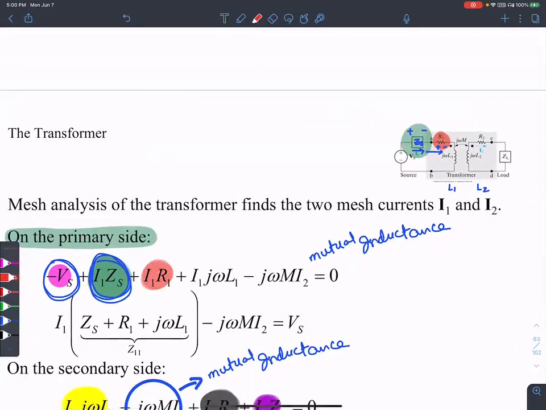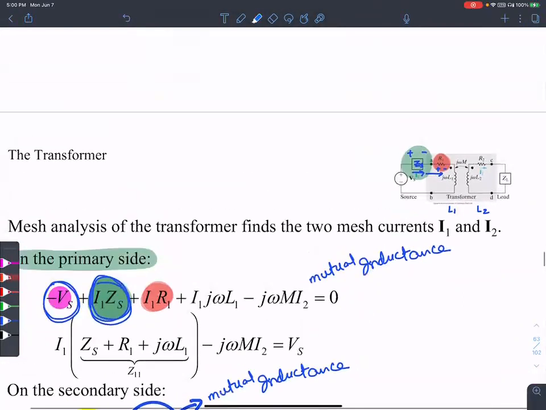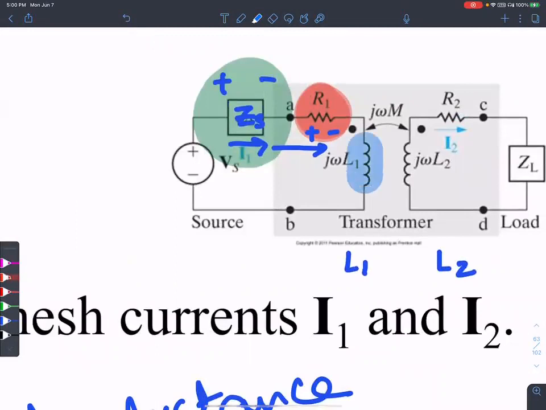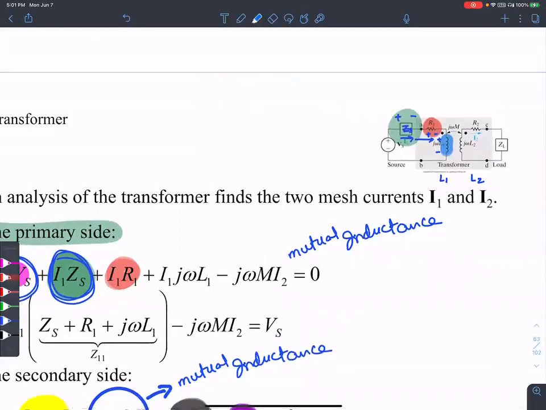And then there is the self-inductance of j omega L, positive and negative direction: j omega L1 times I1. That's this guy.